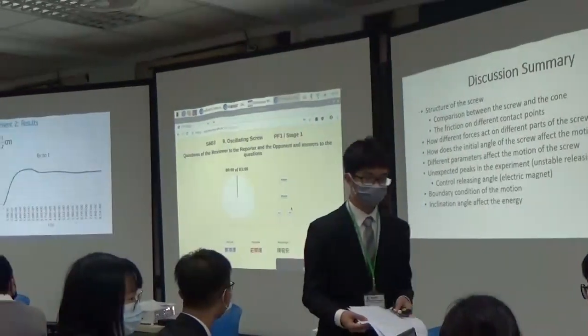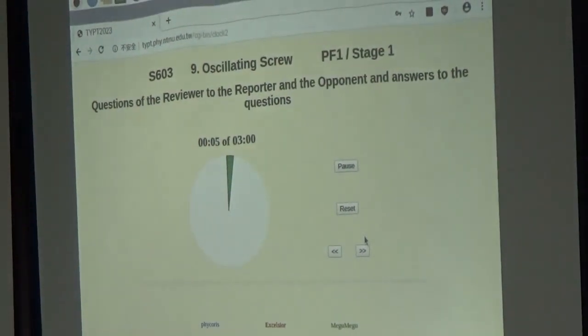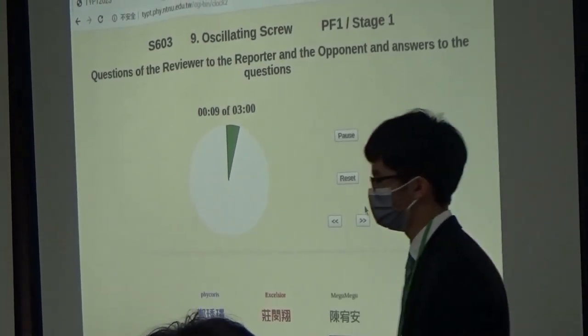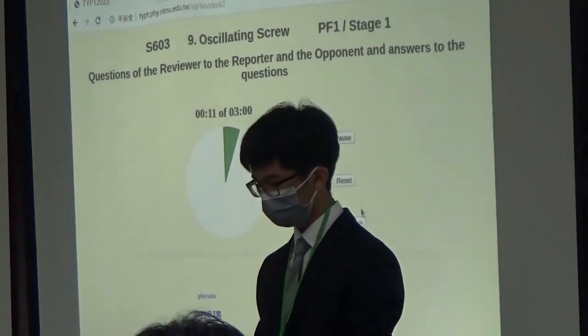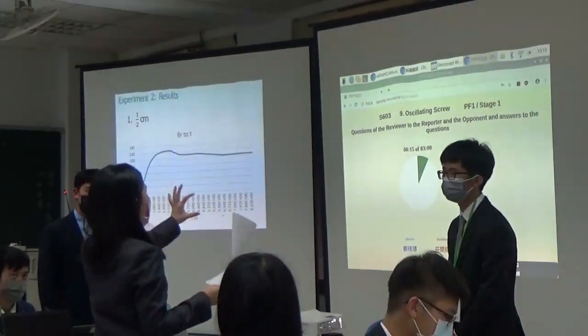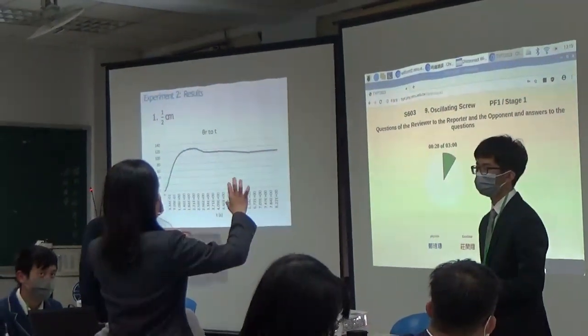Reviewer has 3 minutes to ask questions before the opponent and the reporter. For the opponent, can you please predict what will happen if we change the different weight of the head and tail of the screw? Yes, I understand.